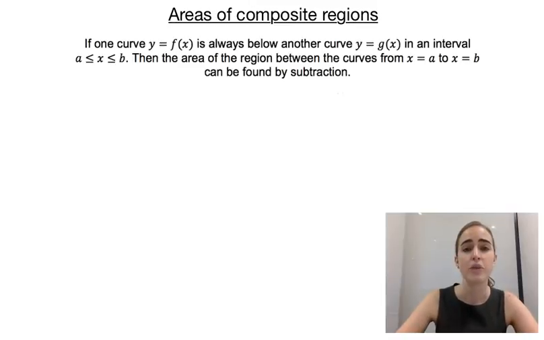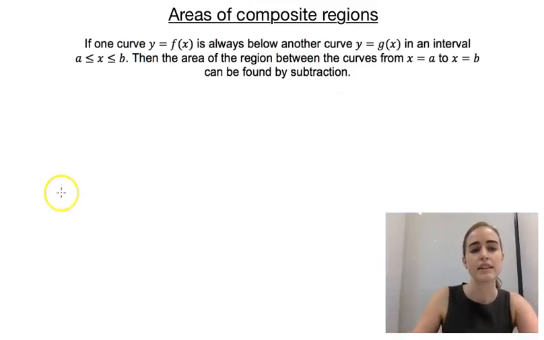Another type of question we might have is finding the area between two different curves. If we have one curve, like f of x, and it's always below a second curve, g of x, in a certain interval that we're finding our integral in, then the area of the region between those two curves can be found by subtracting.